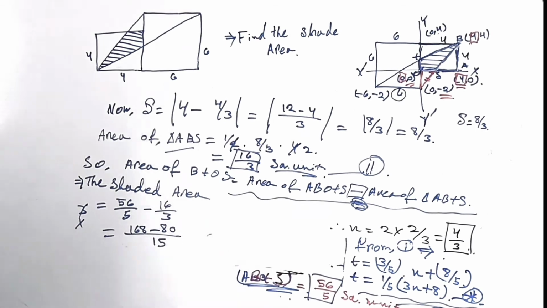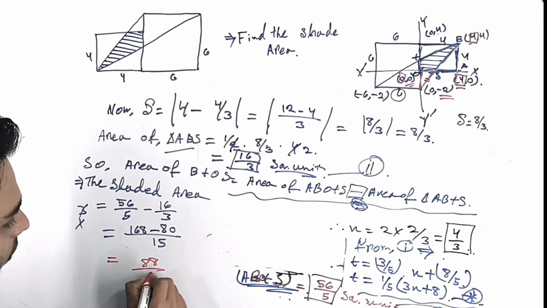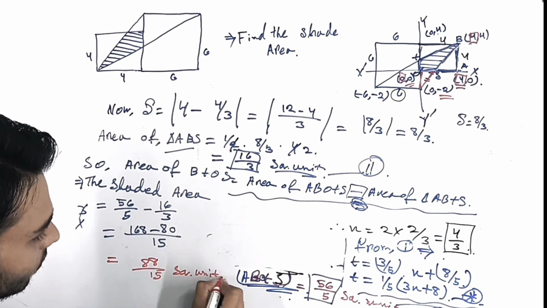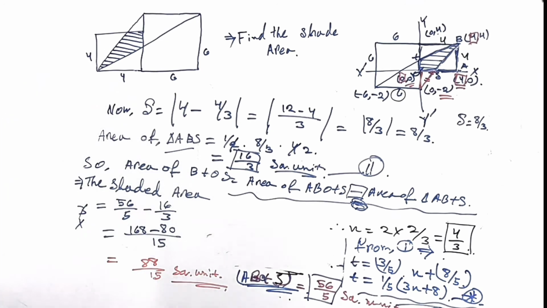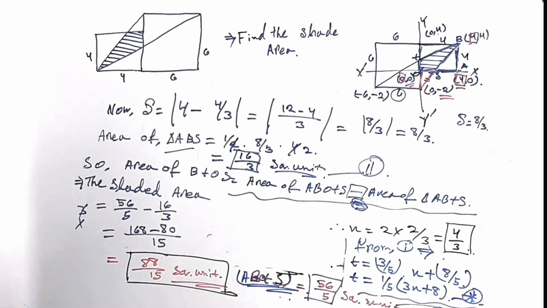So now we write it down as this calculation and simplify this, 88 by 15, that's it. And it's also a square unit, and that's the answer. So it's a very interesting question, and I also shaded the answer, remarked by black pen and the blue pen.